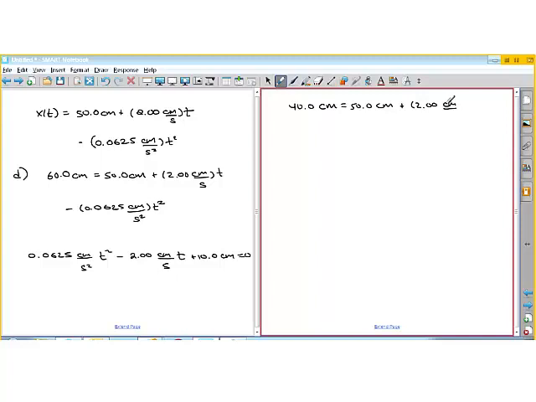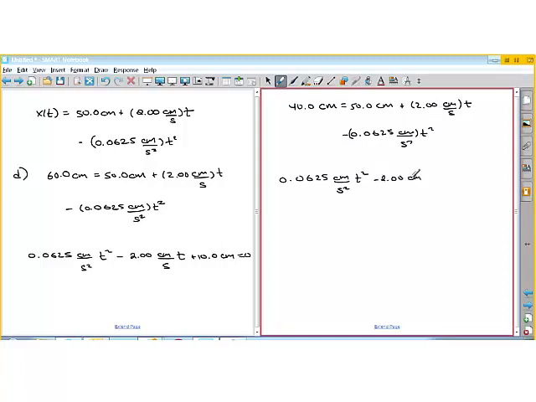So we're going to do this whole thing again. Doing the same thing we did before, you move this to the right-hand side so it becomes positive.